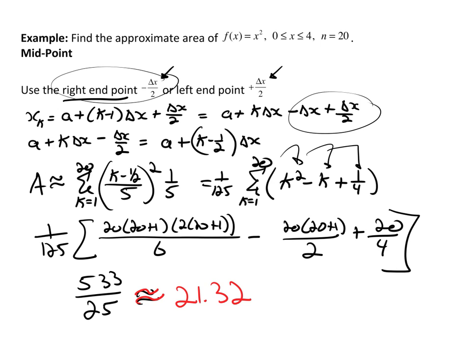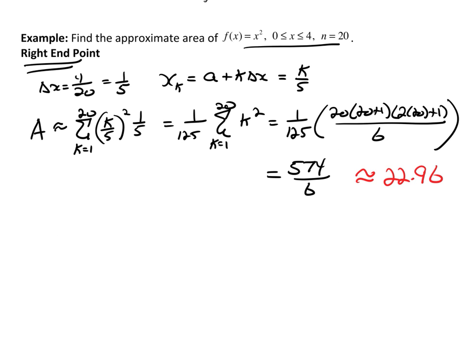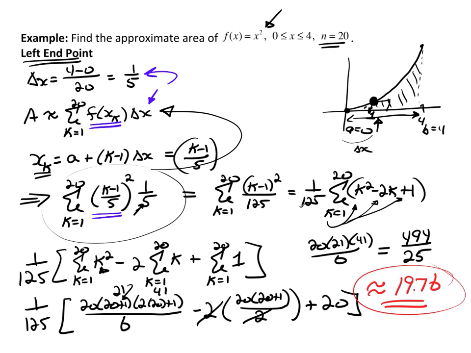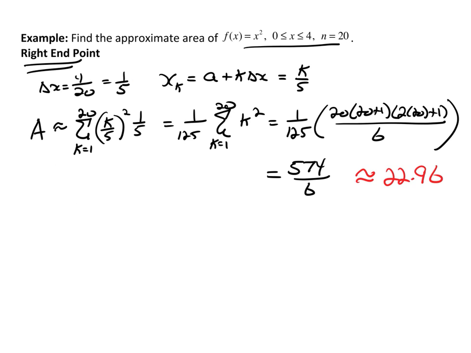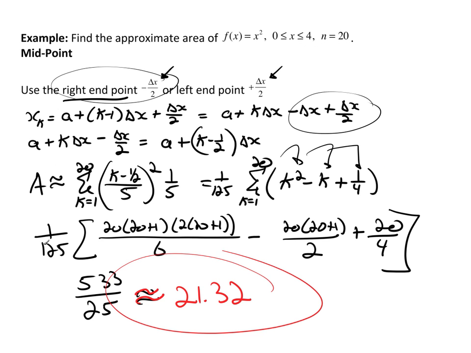21.32, which is in the middle of 22.96 and 19.76, just like I said it probably would be. So it would appear that this midpoint actually gives us maybe a little bit more realistic estimation, which kind of makes sense, because if I draw the midpoint very quickly, I'm only going to do it with a couple of points.